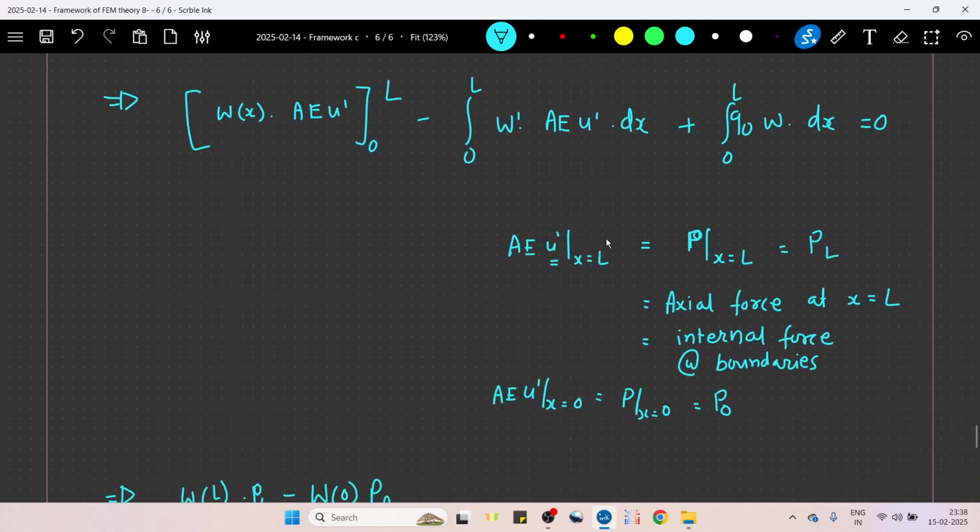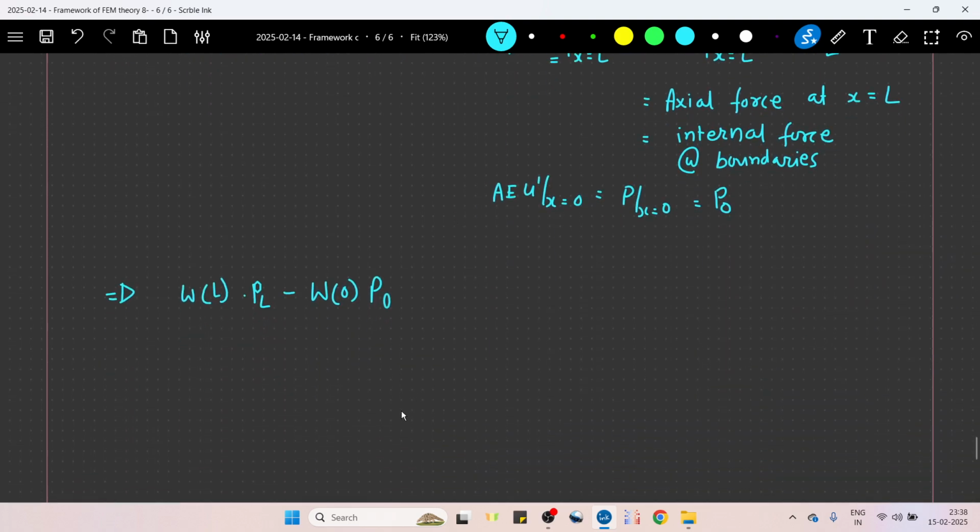This one, and this I'll write as it is: minus integral from 0 to L of AE u dash w dash dx, plus integral from 0 to L of w q0 dx, equal to 0.